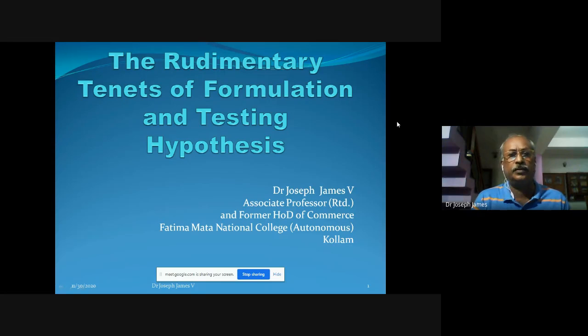It simply deals with the basic principles on a conceptual basis regarding the formulation and testing of hypothesis. But let us directly move to our topic.